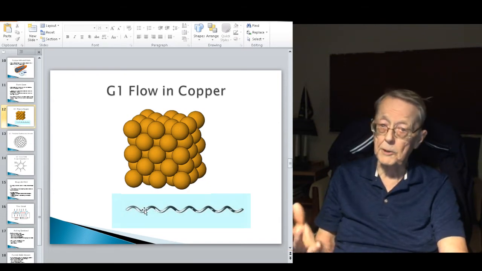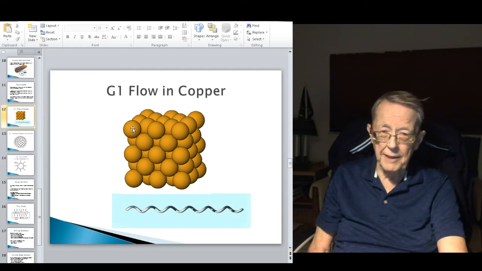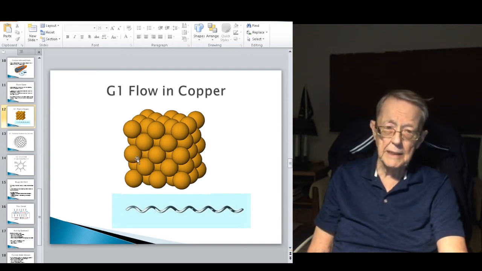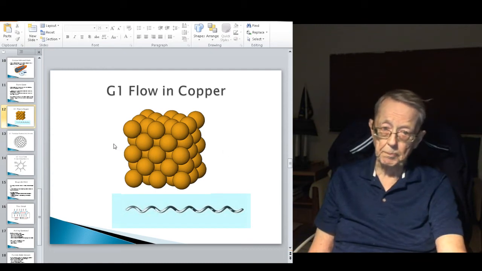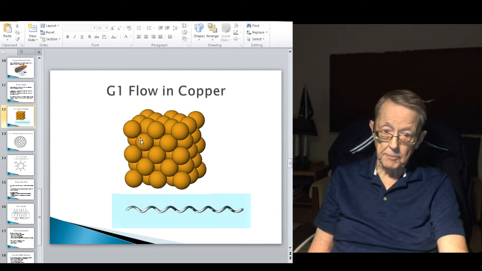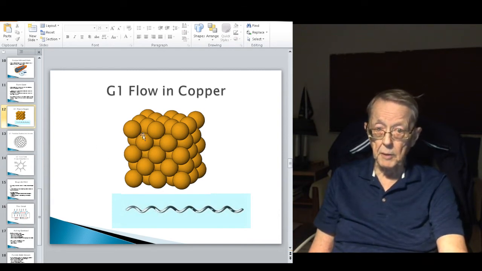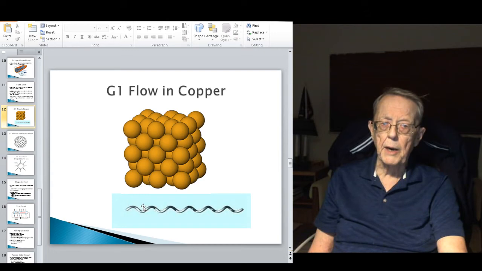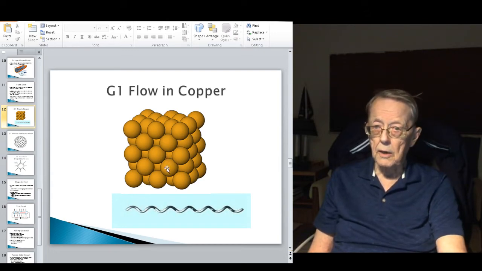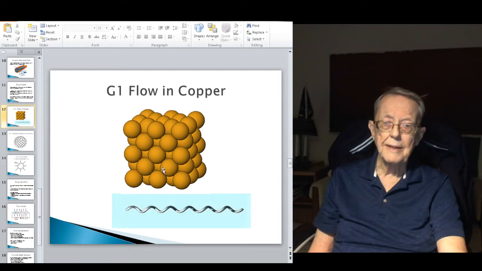Maybe not a perfect spiral. Certainly they're all coming in at slightly different places, but with a lot of open space, most of them go through. Some of them hit and scatter off in all directions. Some of them get trapped. If they come in just right, they can get trapped and stay there as an orbital. So there's a spiral-like pattern to the flow of the G1 particle in the copper.